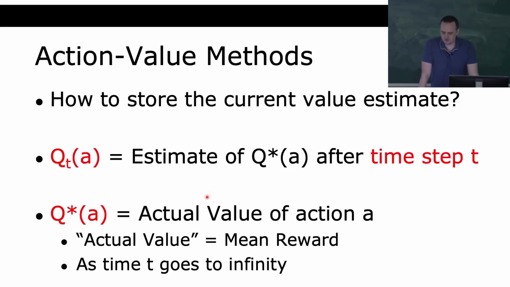So Q star of A is the actual value of action A, where actual value is going to be the mean reward, or the average over time, because these are often taken from probability distributions. They're not just, here's a single value all the time. And this is as t goes to infinity, right?